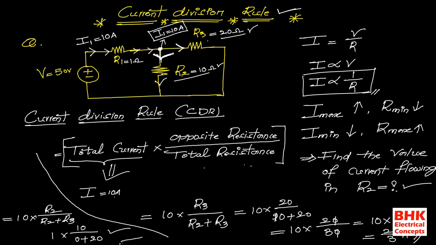Now simplifying this, you will get the value of current flowing in R3. So in every problem we have to use this formula in the same manner to find the values of currents divided from the total current available at this junction point. So this is the concept of current division rule.